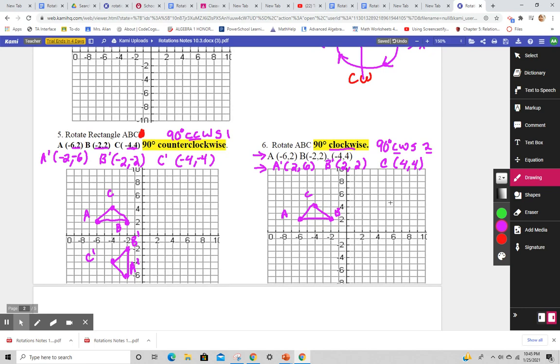And it's 90 degrees clockwise. A prime is located at 2 up 6. B prime is located at 2, 2. And C prime is located at 4, 4. That's it. So this was counterclockwise, this is clockwise. Same shape. How did you do?